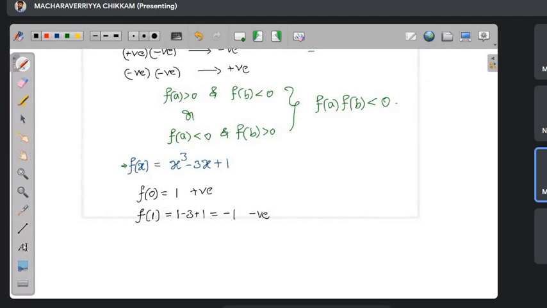If you plot the graph of the function, let me assume this is the point 0 and this is the point 1. At 0 the function is taking the value 1, whereas at 1 it is taking the value minus 1. Now somehow you need to join these points continuously.